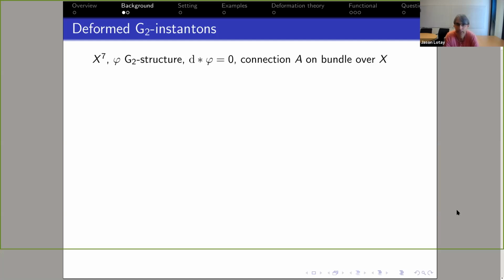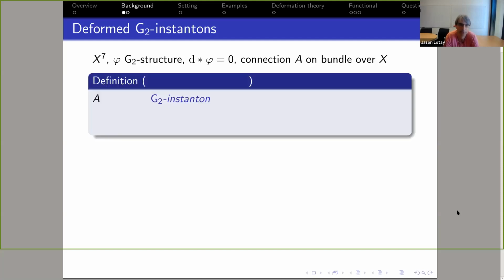And we're looking at connections, which I'm going to call A, on some bundle over this 7-manifold X. So I can remind you what the definition of a G2 instanton is. One way to define a G2 instanton is to say that its curvature, which I'll denote by FA, satisfies the following equation: if I take FA and wedge it with the star of phi, then I get 0. So that's a G2 instanton.